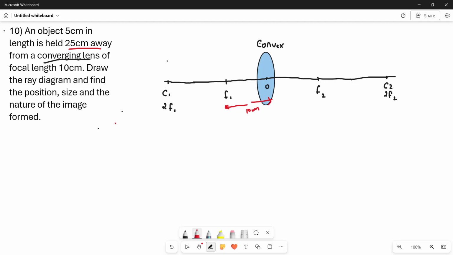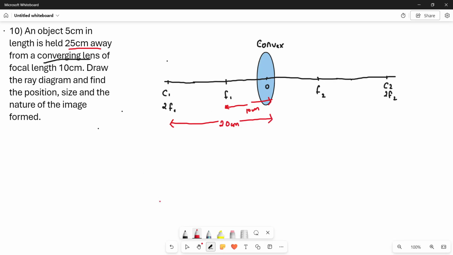draw the ray diagram and find the position. Okay, and where the object is held, it is 25 centimeter from the converging lens. So if you look at this, if OF1 is 10 centimeter, what will be 2F1? As the name suggests, it will be double the magnitude or double the length of your F1. So it is going to be 20 centimeters, right?